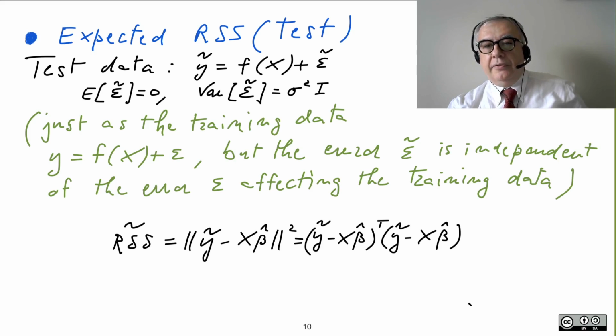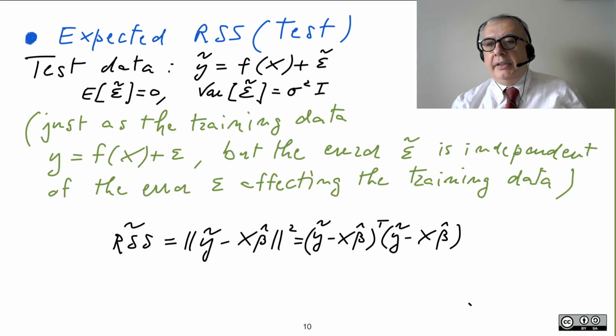They are the true function plus epsilon tilde. Epsilon tilde is a new error vector because we are assuming that the test data have the same x as the training data, but the only difference is that the noise is changed.